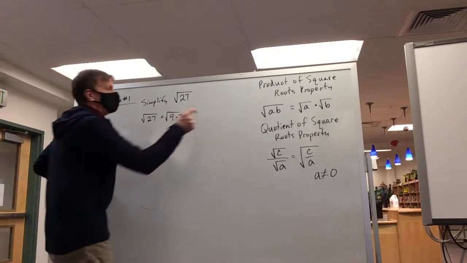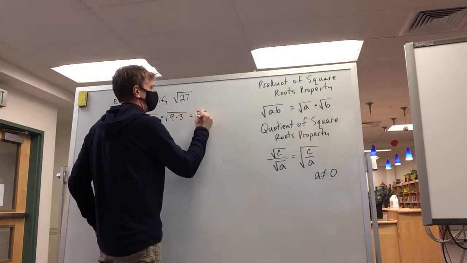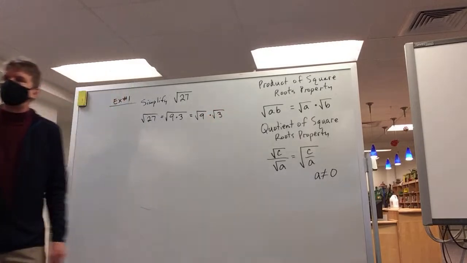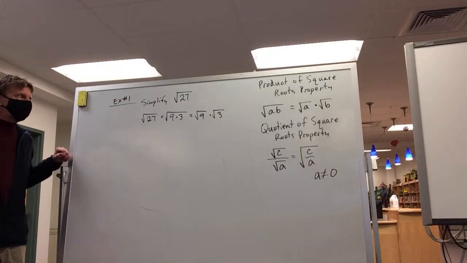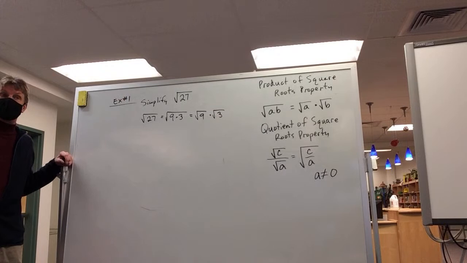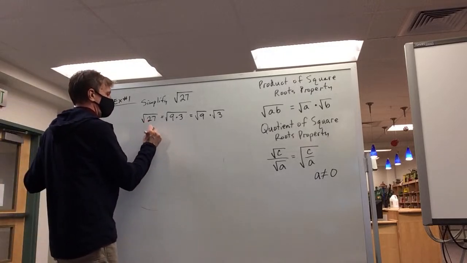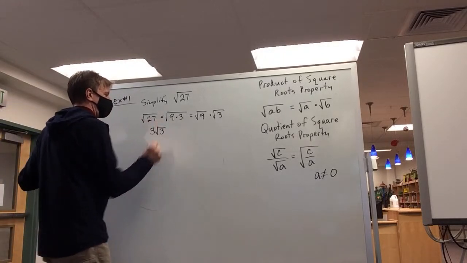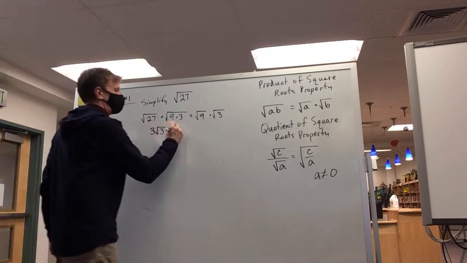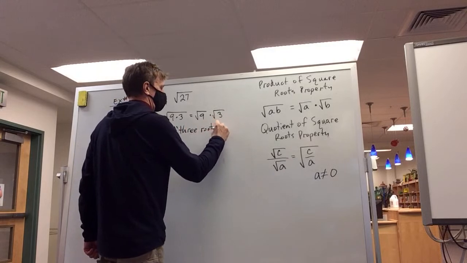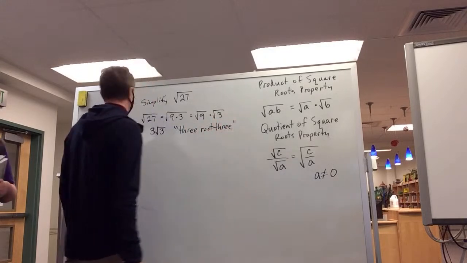Then, using the property, we say, well, that's the square root of 9, and that's the square root of 3. So what is the square root of 9? It's 3. So this becomes 3. We read this 3 root 3.